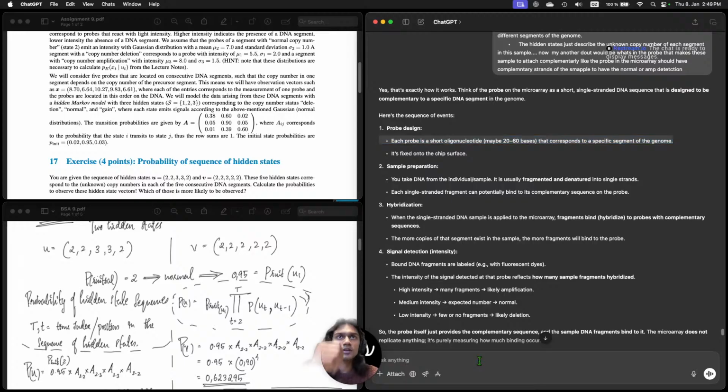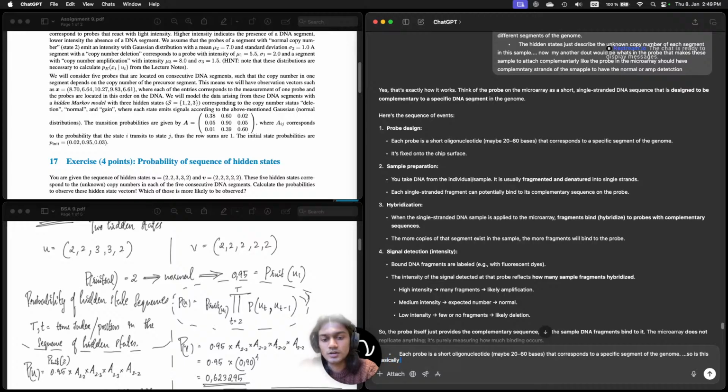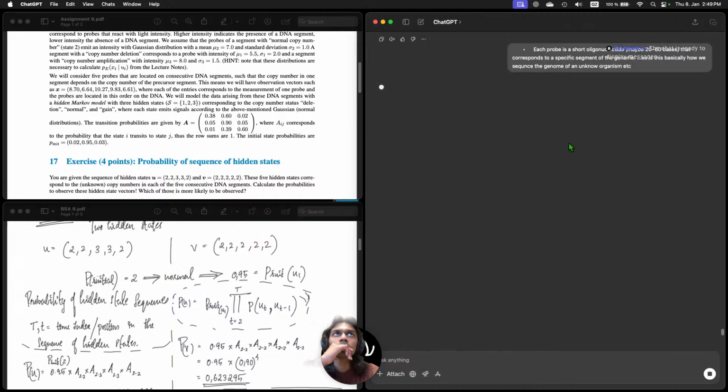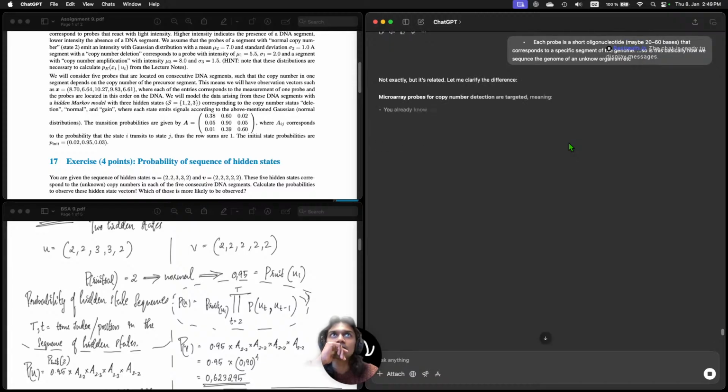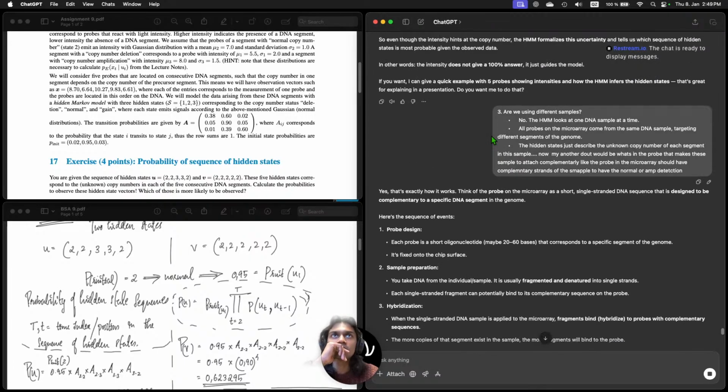So is this basically how we sequence the genome of an unknown organism, etc.? Not exactly, but it's related. Okay.